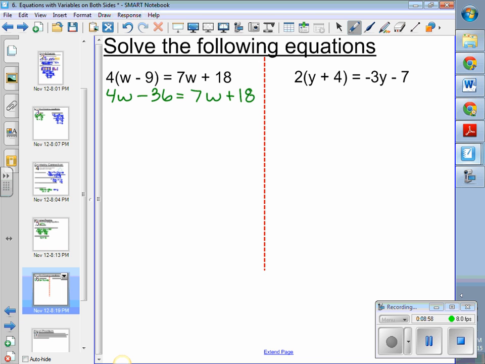All right. And you don't have to go one way or the other. I'm going to take it over here so I don't have a negative variable. Of course, then I'm going to have a negative the other way, and it doesn't really matter. Negative 36 equals 3w plus 18 minus 18.